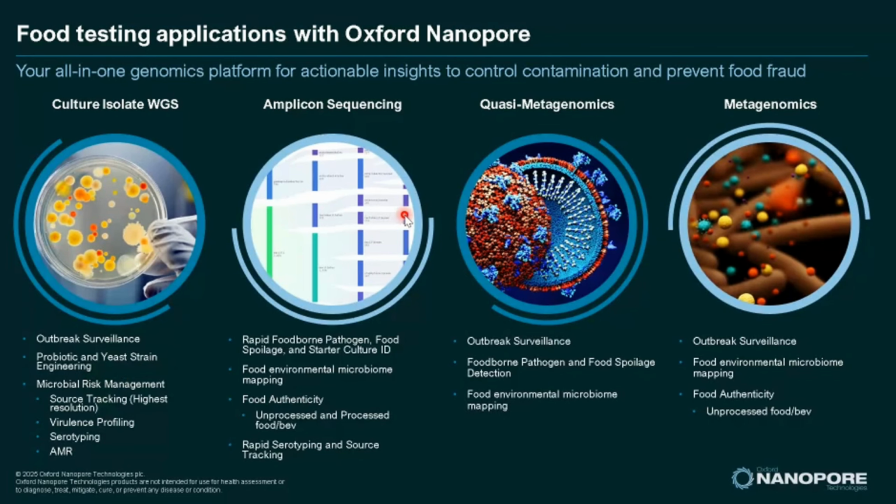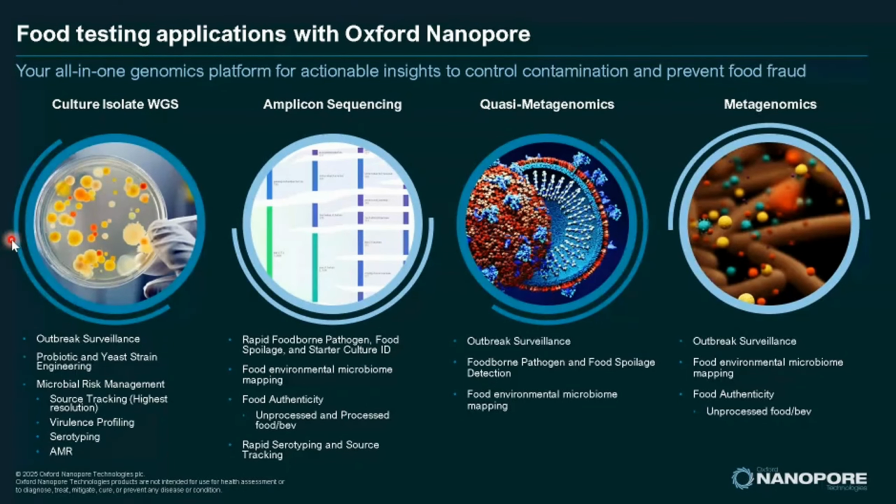For amplicon sequencing, we can also use nanopore. This method is very useful for rapid foodborne pathogen detection because in order to get a pure isolate, we will need some enrichment stage, some culturing steps. Those culturing steps performed before DNA extraction and sequencing take more time, for example, 1 to 2 weeks.